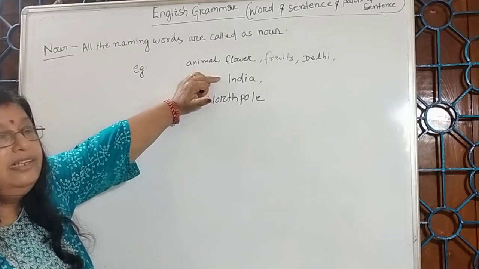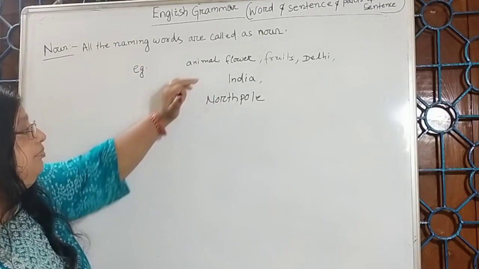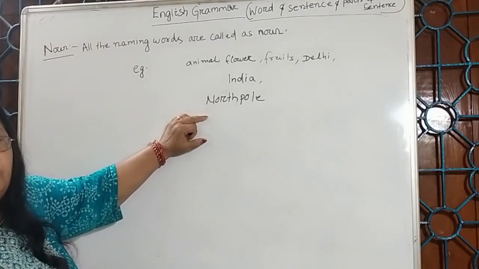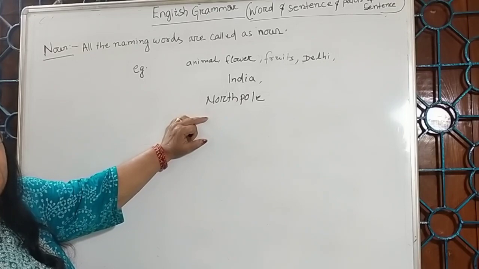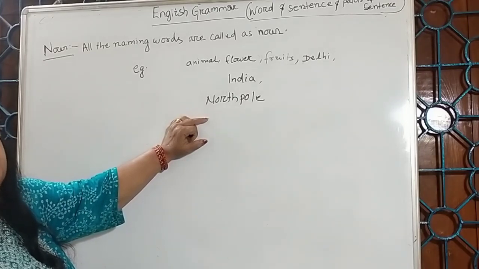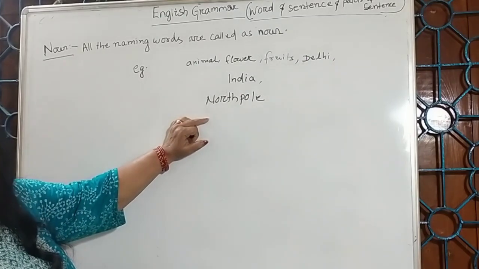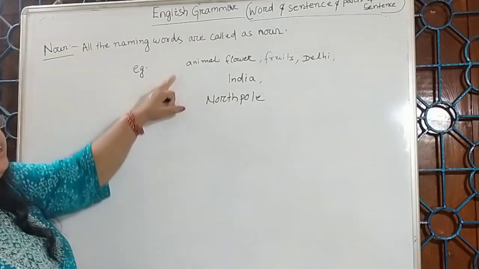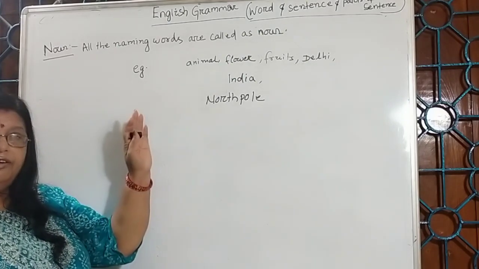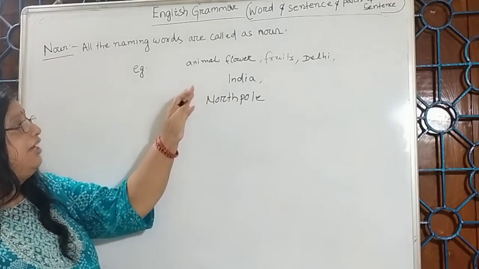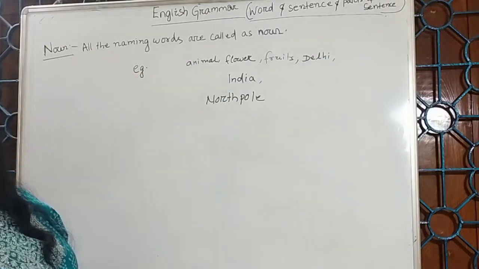India is a particular country's name. North Pole is one part of the polar system of Earth. So these are names of a subject. That's why these are called nouns.